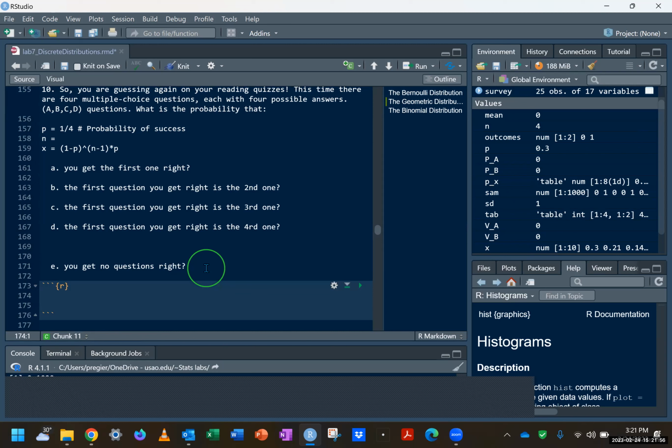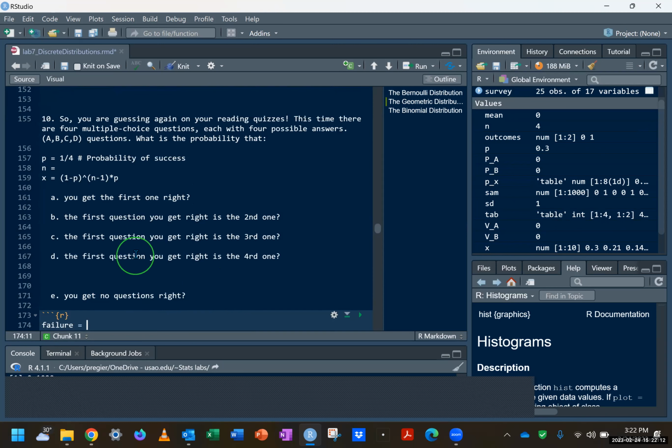So if I call failure a given probability, I would just say the probability of failure to the 4th. So whatever the probability of failure is, in this case, 4 multiple choice questions.